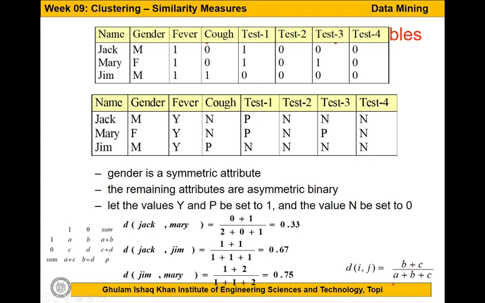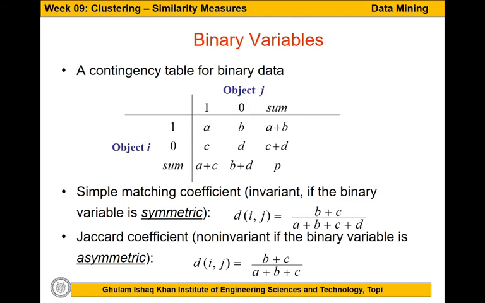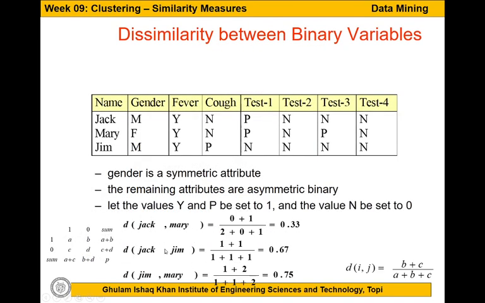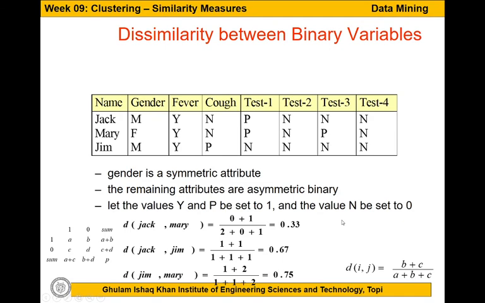This is the formula we have picked for the asymmetric binary variables, but depending upon the domain and whatever domain experts suggest, you can go for the symmetric as well, or asymmetric as well.